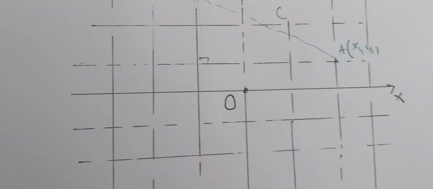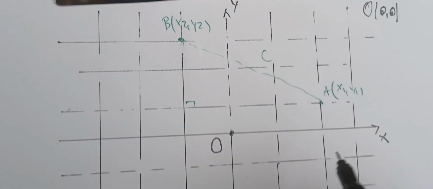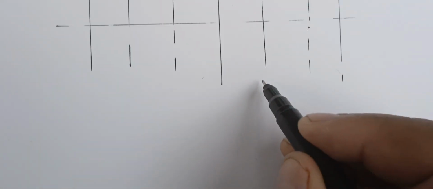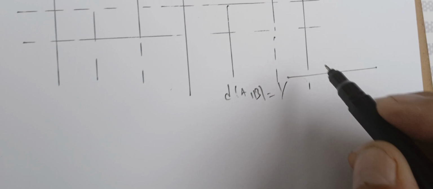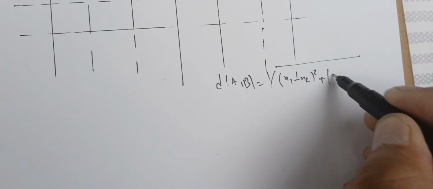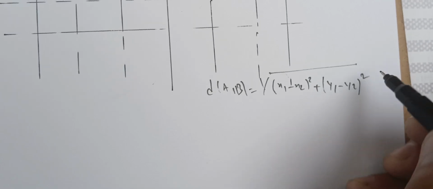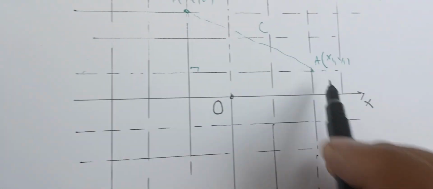So the distance between A and B is the square root of (x1 minus x2) squared plus (y1 minus y2) squared. Okay, so this is my distance C.